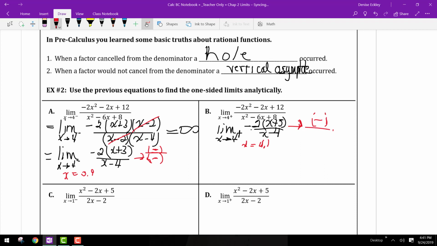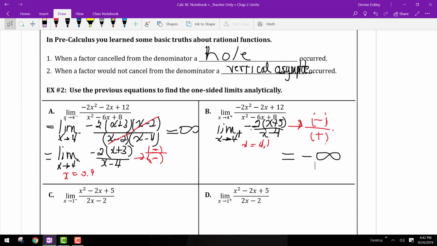Then I have 4.1 minus 4, so that's going to give me a positive number. So I end up with a negative over positive. That means my limit is going to equal negative infinity. So that's how you reason it out if you don't have the graph, or you can't really sketch it because you're in a non-calculator section.